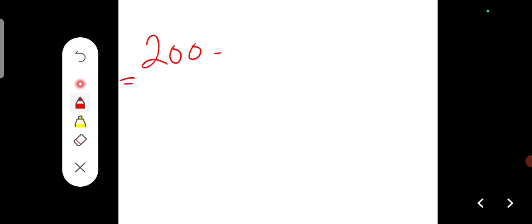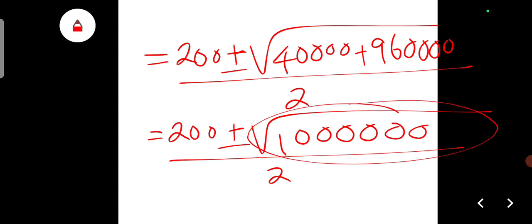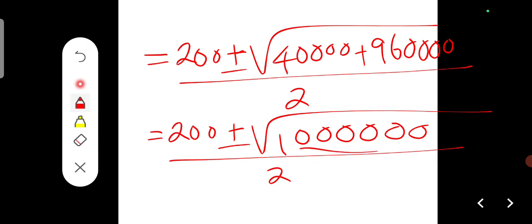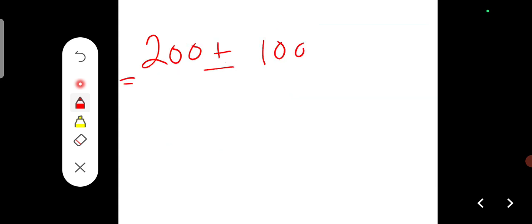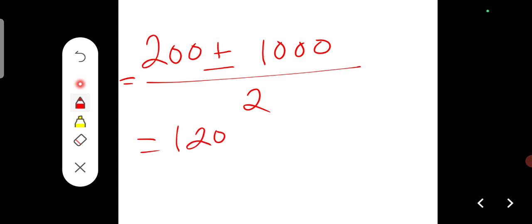So further, 200 plus or minus the square root of this. Since it has 6 zeros, we take 3 zeros out of the root, so 1000 by 2. We are taking only the positive value, so 200 plus 1000, 1200 by 2, which is 600.